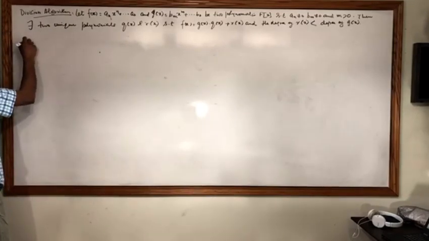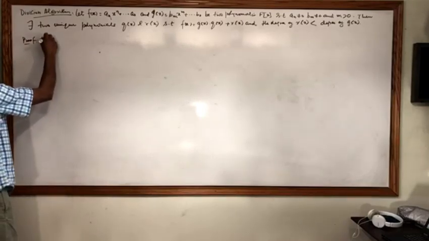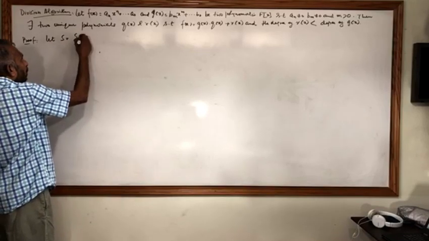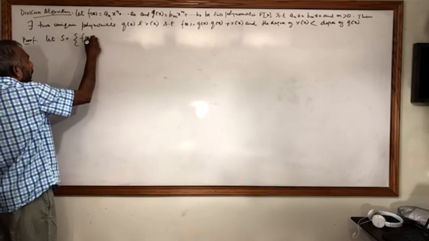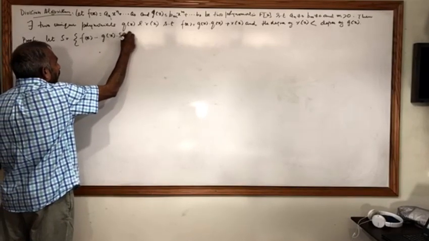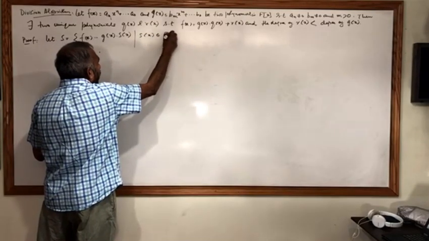So the proof is very simple. Let S be the collection of all the polynomials of the form f of x minus g of x times s of x, where s of x belongs to F of x.